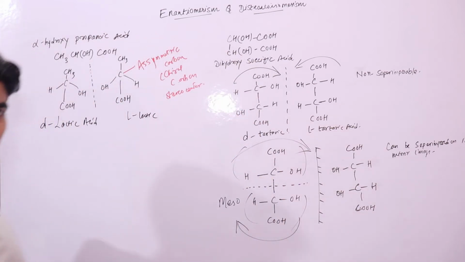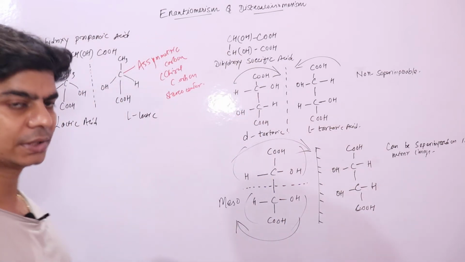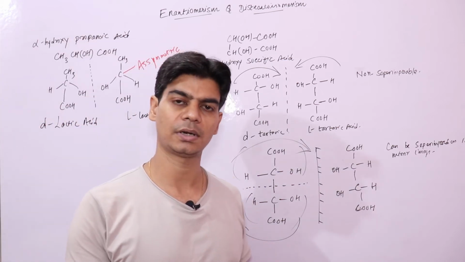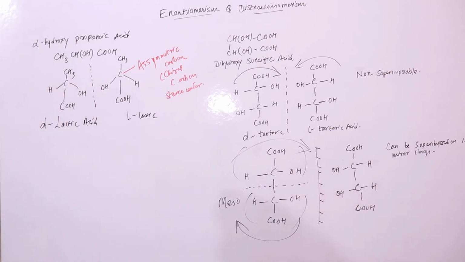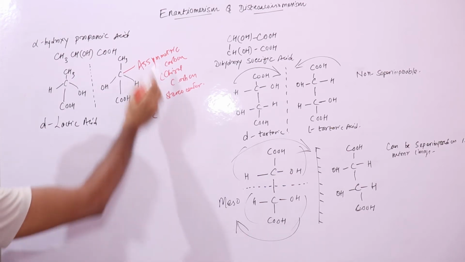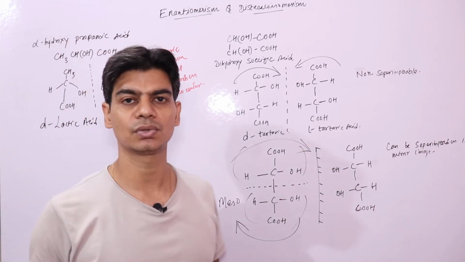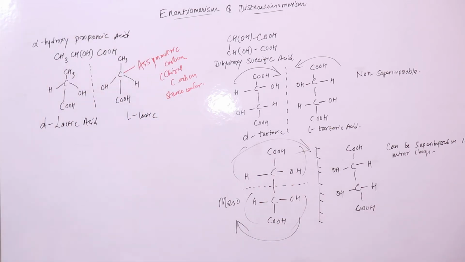One is dextrorotatory, which rotates the light towards the right, and the other is levorotatory, which rotates the light towards the left. Enantiomers may also possess different rates of reaction with other optically active compounds. One may react faster, the other isomer may react slower. So this is a difference.